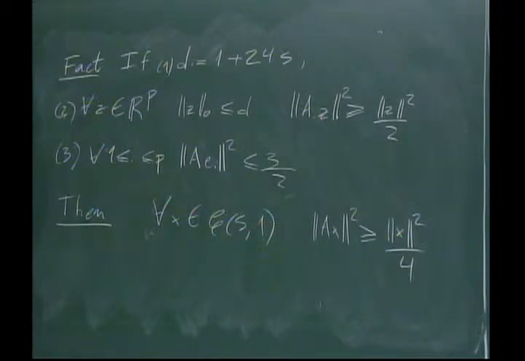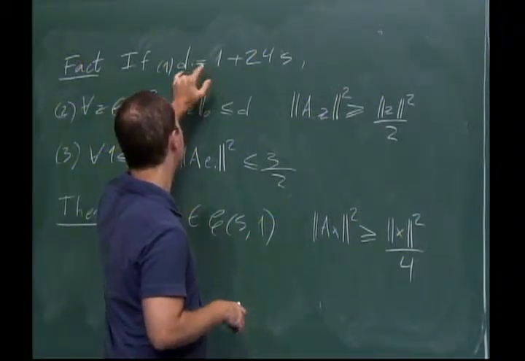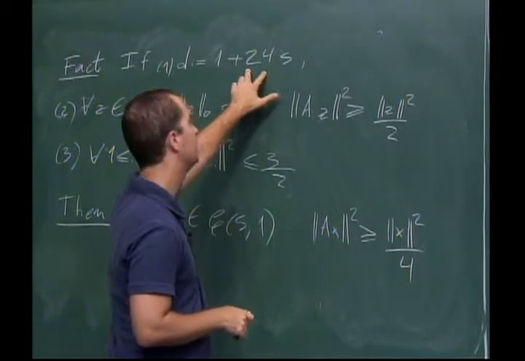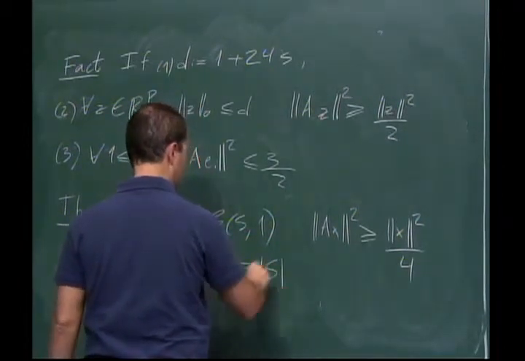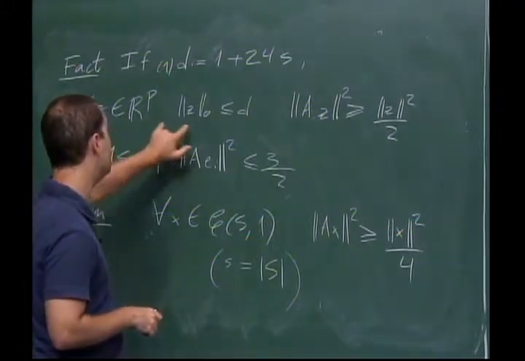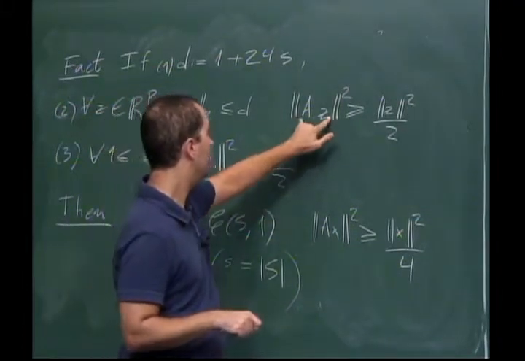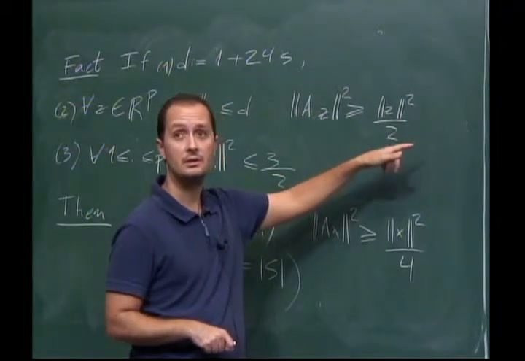Right, again, so we have a deterministic statement. Now I just wrote a version of it with the constants I'm going to use. I'm sorry there was an error with the original D. So I'm saying, well, define D like this. Remember that little s is just the size of the set S here. Now assume that your matrix is such that if you take a D-sparse vector z, norm of Az squared is larger than half of the square norm of z.